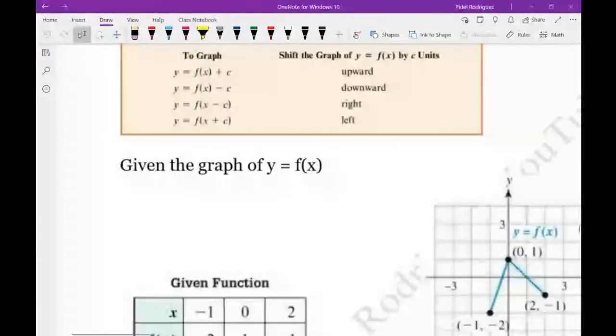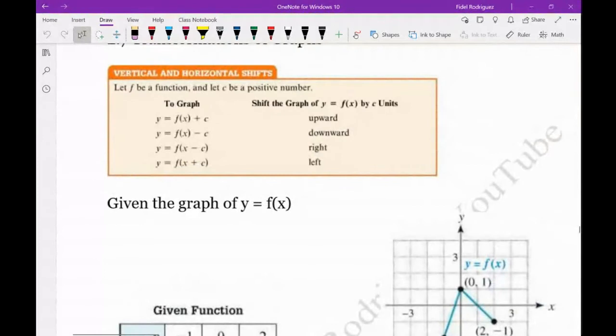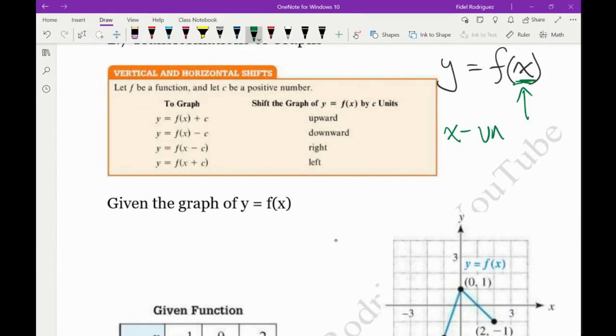So what we're going to do here, y'all, is talk about shifting the graphs, meaning we're going to be moving the graphs either up or down or left or right. Okay, so the one thing I want to point out is when we have a function like this, y equals f of x, if we're affecting what we're plugging in, meaning if it's an x plus 3 or an x minus 5, but it's inside this part, then that's going to be changing my x values.